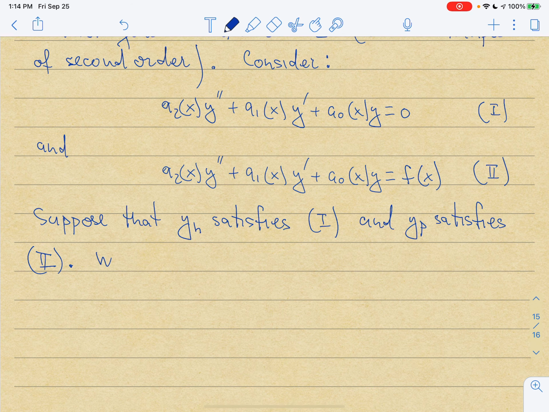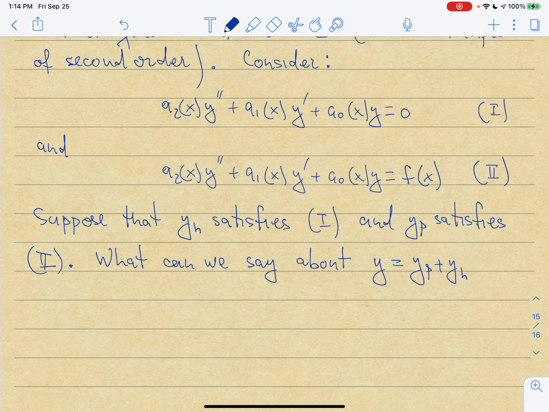And the question is, what can we say about y equal to yp plus yh? Am I going to get anything valuable about this equation?